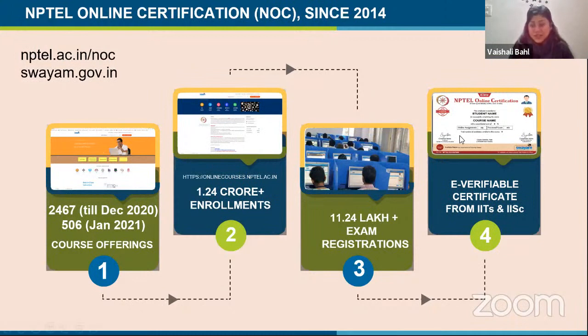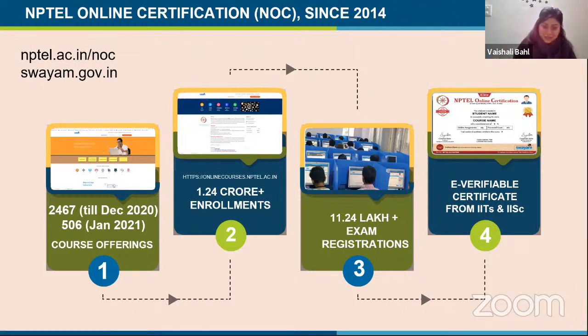The certificate that you can see on your screen contains the student's name, the course that he or she has taken, along with the marks details of the assignment and the last proctored exam. It has the signature of the coordinating institute that is conducting, along with the signature of the NPTEL chairman.